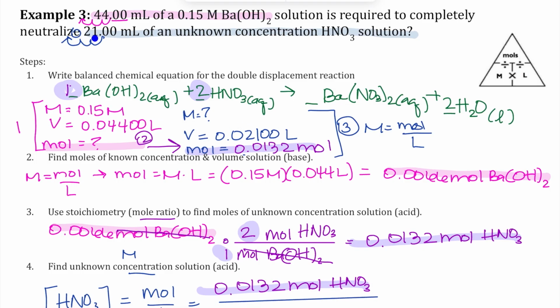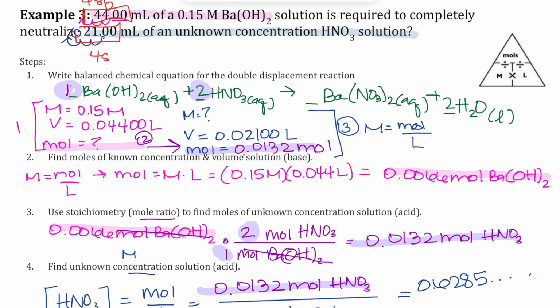Our problem told us we had those 21 milliliters. So dividing by 0.02100 liters like that. Going ahead and doing that division, I get 0.6285, and then that kept going. Looking at all my values for my final sig figs, because I've just been multiplying and dividing, I do those final sig figs at the end. This is 4 sig figs with those zeros to the right after the decimal.